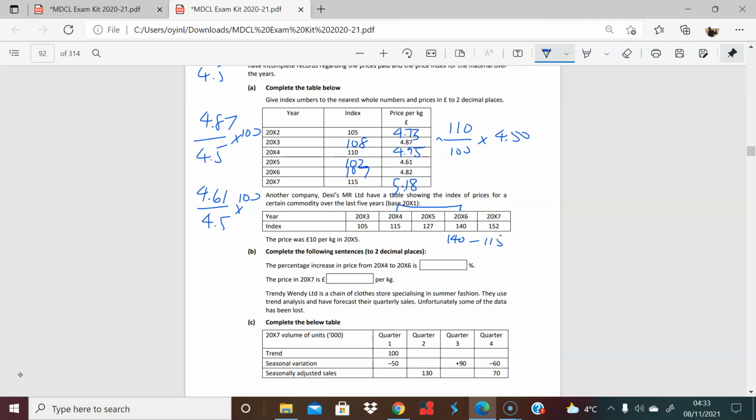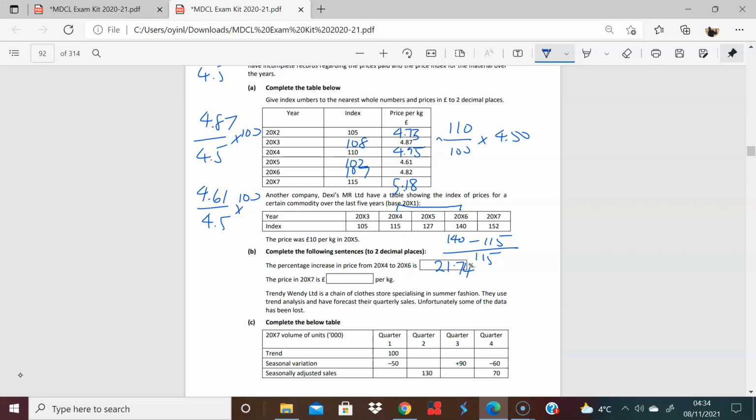That change is 140 minus 115 divided by 115, and the change is 21.74%. So we see a 21.74% change from 2004 to 2006.